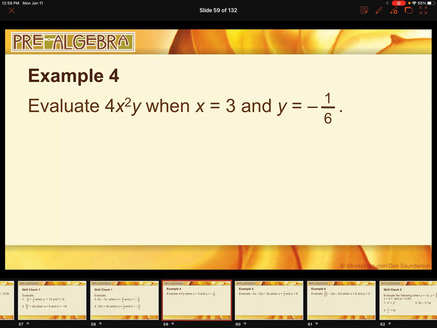Evaluate 4x squared y when x is 3 and y is negative 1/6. So I'm going to plug everything in first. Okay, order of operations would tell me to do the exponents first. 3 squared is 9.